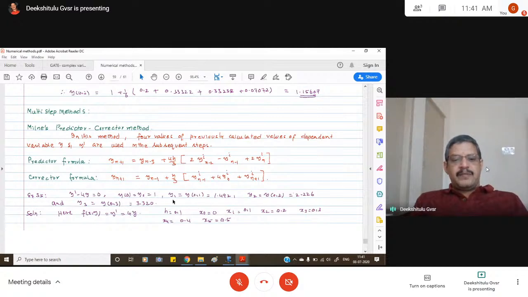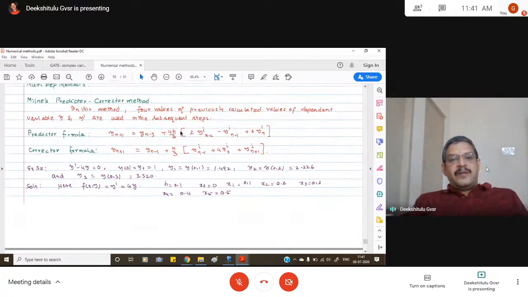So x naught is 0, x1 is 0.1, x2 is 0.2, x3 is 0.3, and so on. So this is the data we have. And one more thing we have to use here is y n dash. y n dash is the functional value at this x n and y n, the same as f of x n, y n.